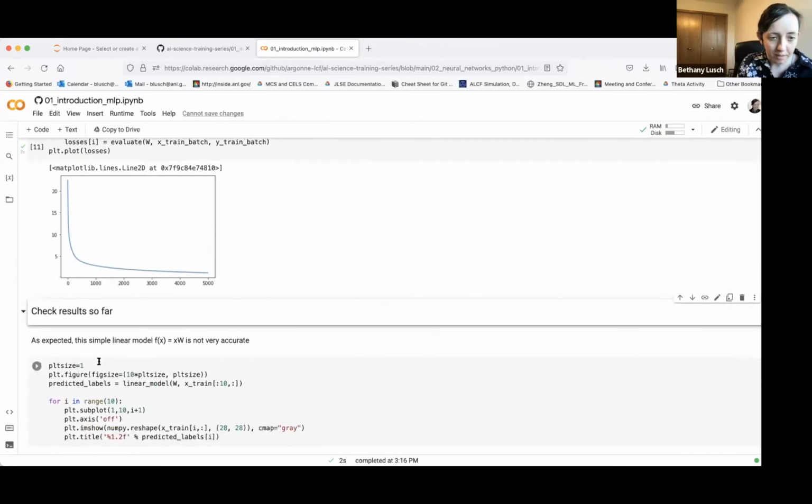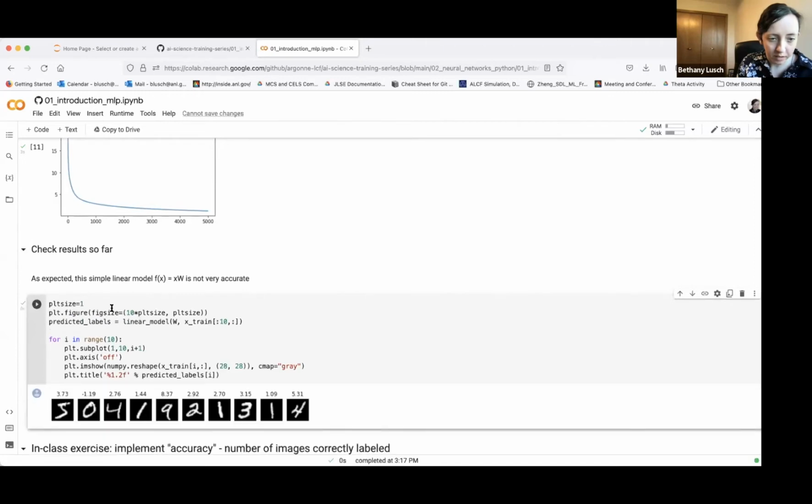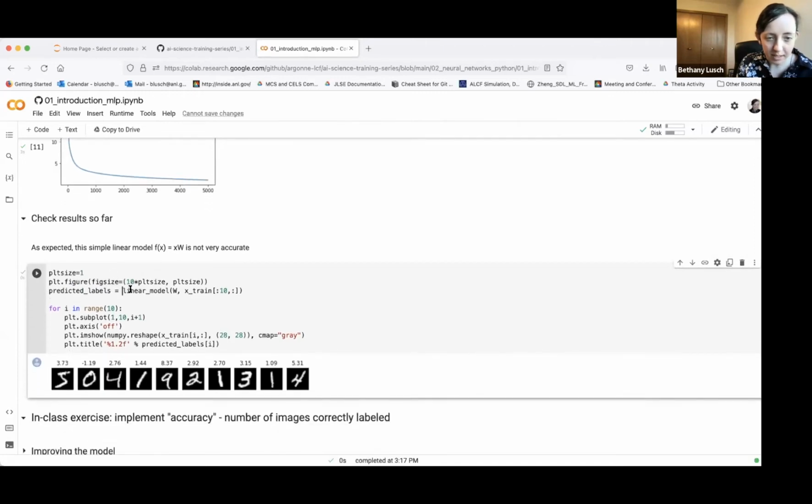Okay, but we can check how it's doing so far. So here I'm applying this linear model to the first 10 digits and see what the labels are. So as you might expect, it's not doing very well. So one thing is, you notice it's predicting real numbers.